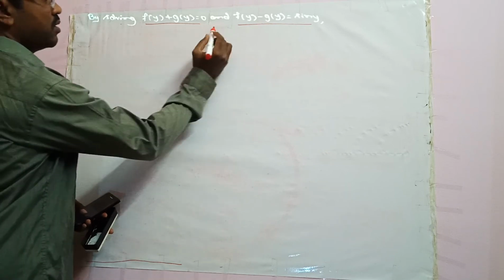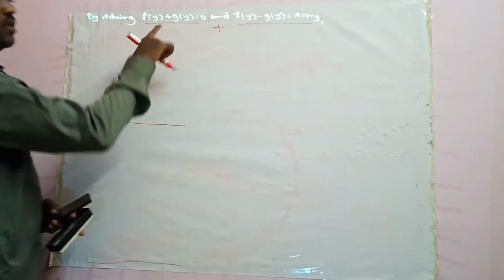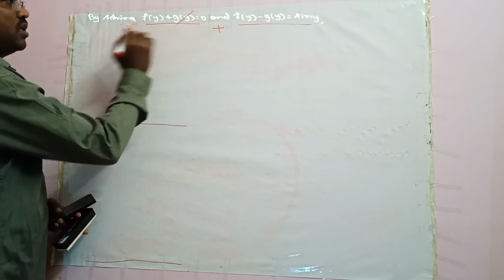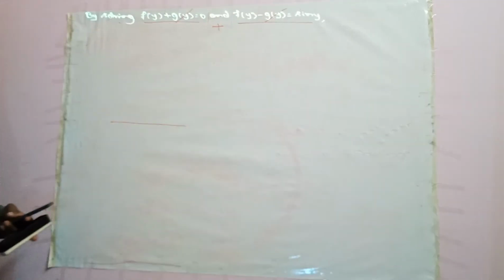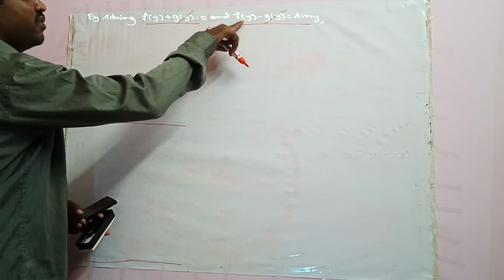You can observe, if you add these two equations, g of y and minus g of y will get cancelled. You will get the value of f of y.